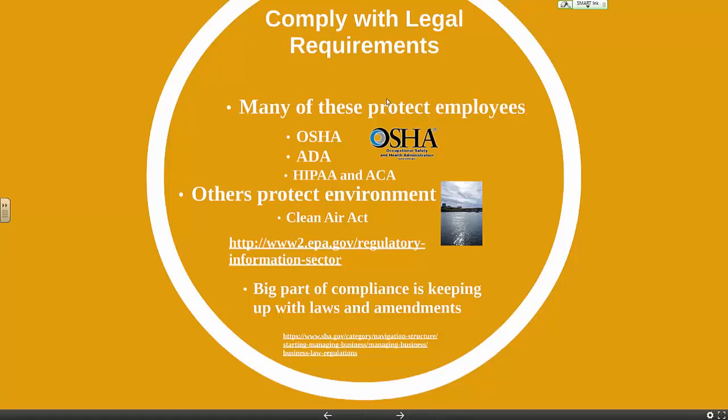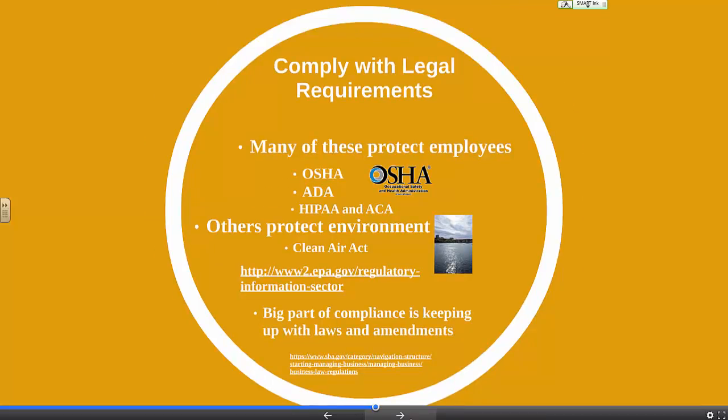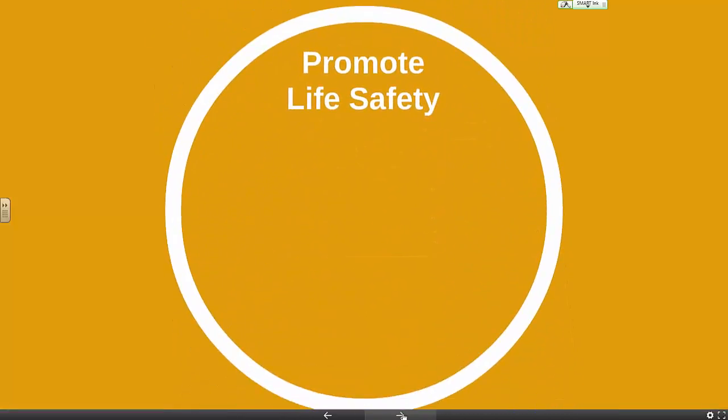While complying with legal requirements can seem somewhat complicated, a business doesn't have to go too far or necessarily hire an attorney to find resources to help them stay in compliance with the law and regulations.